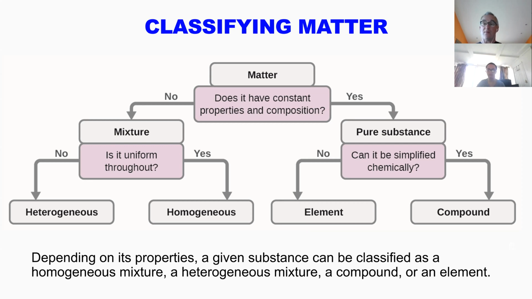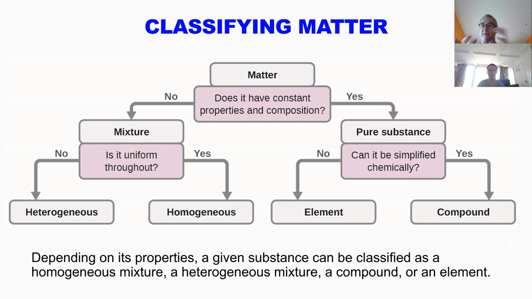But if it's uniform all the way through, then you say yes, it's a homogeneous mixture. On the other hand, if you have something that's pure all the way through, not something mixed into something else, if there's just one type of substance in it, then yes, it's a pure substance. But if you react it in some way, can you separate it into different things?